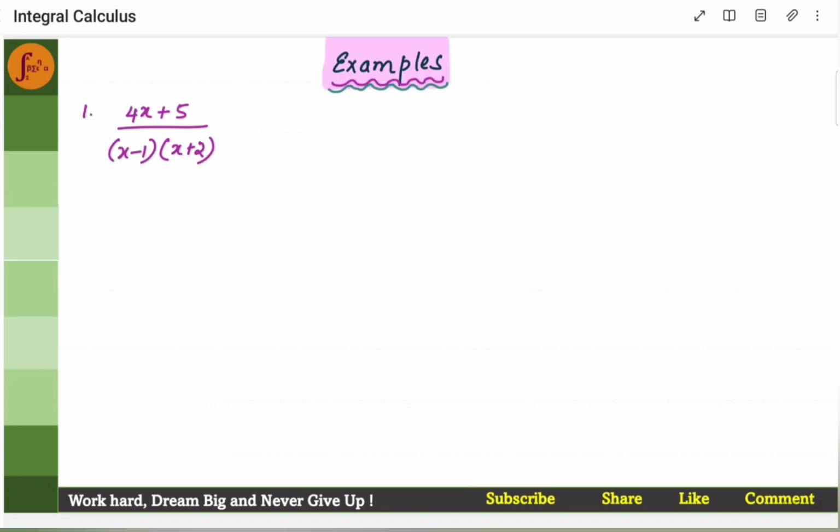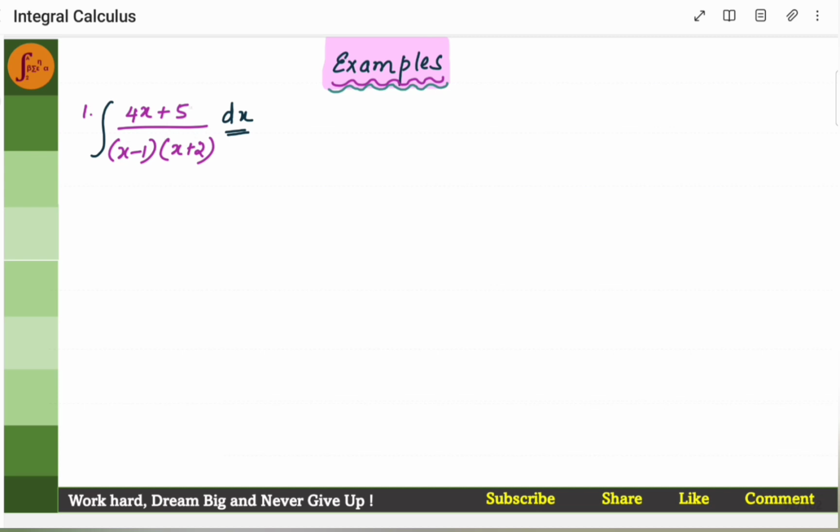Now let's take a few examples and find the integral of rational functions. Let's take this first example. Please notice that in the question they normally don't give the integral symbol and dx, but you'll have to put the integral symbol and dx. How do you identify if you have to apply the partial fraction method or not?